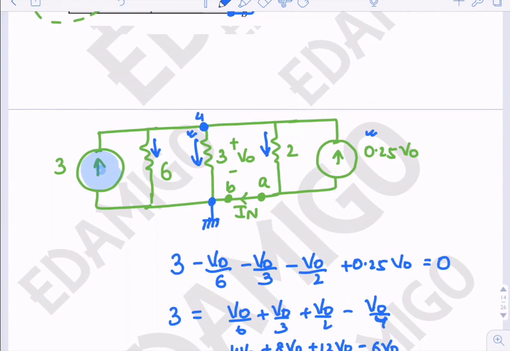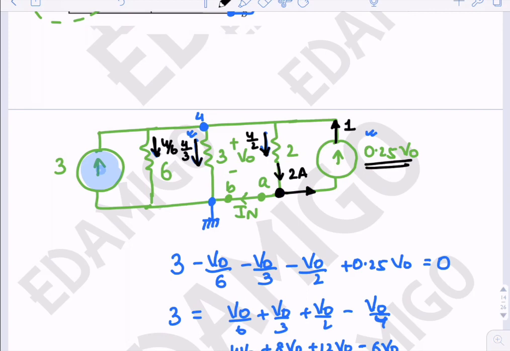So this is 4 volts. Now here we can see that the current in this direction will be 4 by 6. Current in this direction will be 4 by 3. Current in this direction will be 4 by 2. And current in this direction will be 4 by 4, that is 0.25 V0, that is 1. So here the incoming current is 2 amperes.